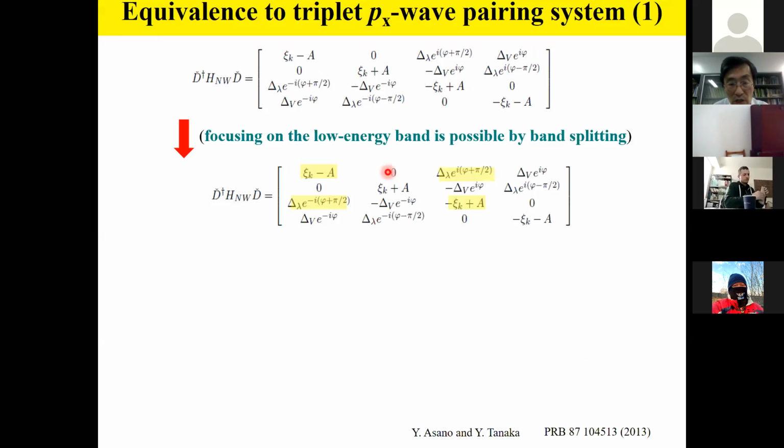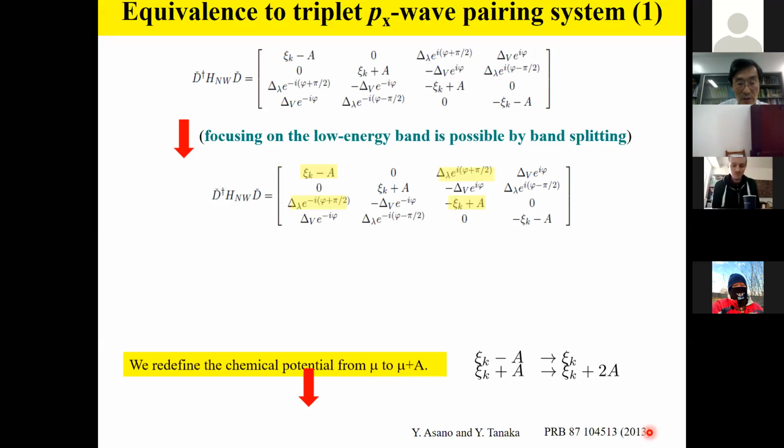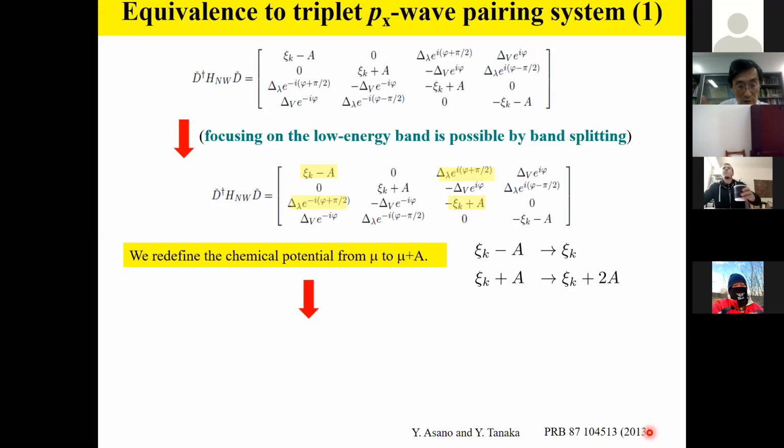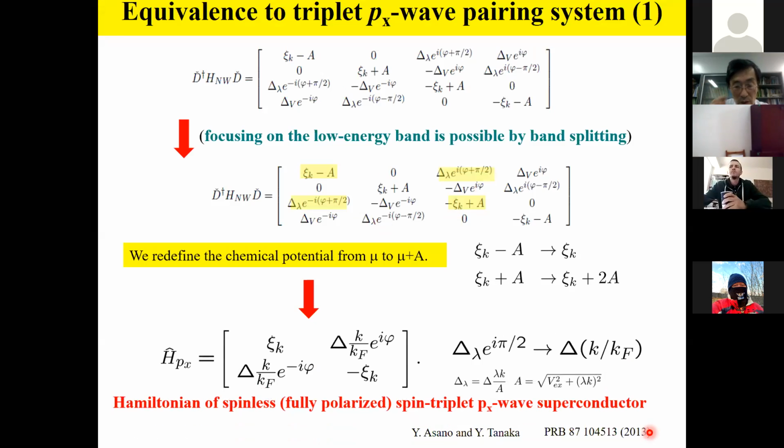Actually, this yellow marked region is relevant to low energy excitation. If we focus on these four terms, we first redefine the chemical potential from mu to mu plus A, and we get some constant, and then finally the low energy effective Hamiltonian becomes like that.